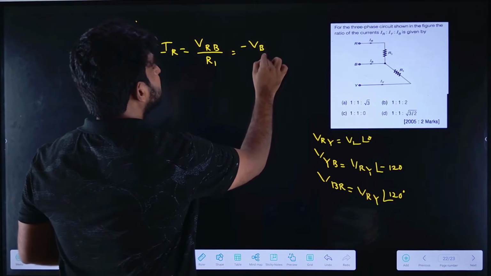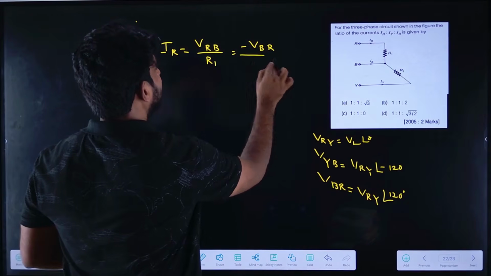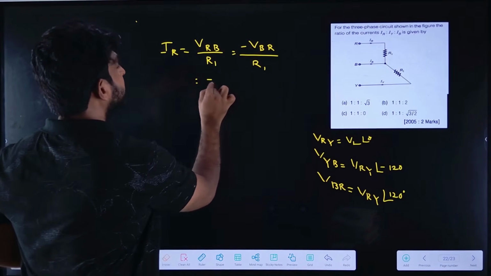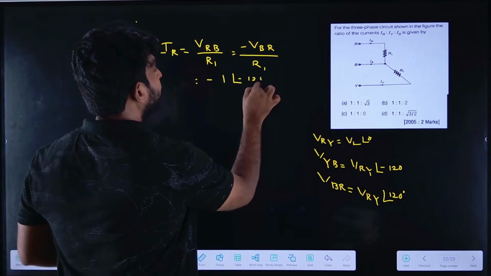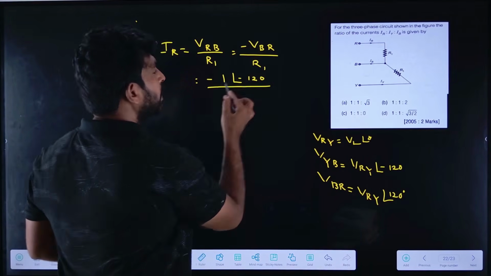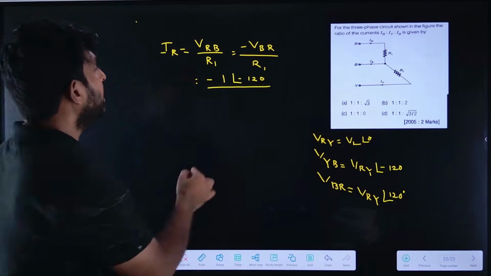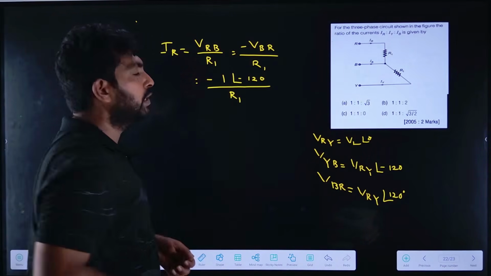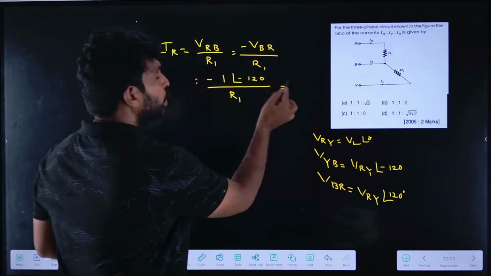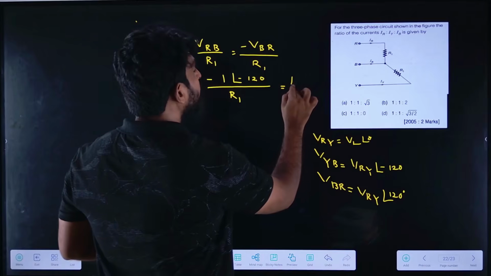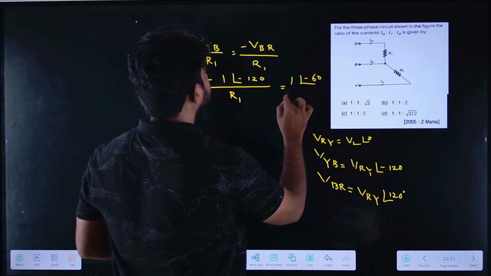So we can call this minus VBR divided by R. From this it was minus 1 at an angle of -120, so 1 at an angle of -120 divided by R. If you find the magnitude, it will be 1. So the magnitude will be 1.